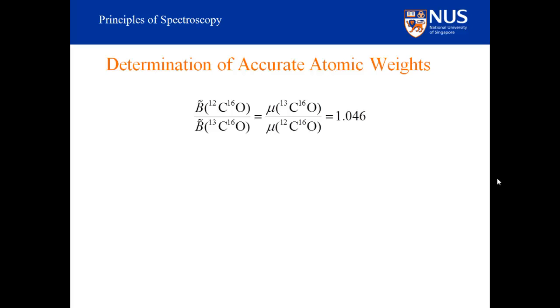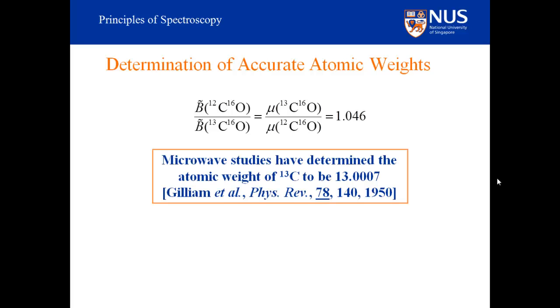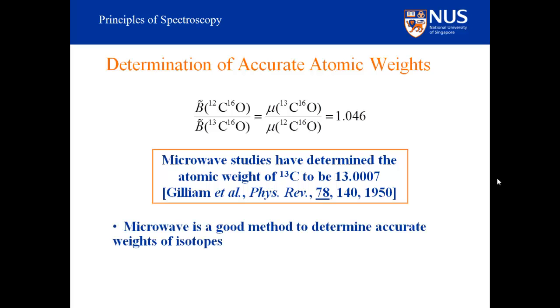And I know that the atomic weight of carbon-12 is exactly 12 by definition. So therefore I can determine the atomic weight of carbon-13. And in fact this was done in 1950 when they used microwave studies to determine the atomic weight of carbon-13, and they found it to be 13.0007. This is a very good method to determine accurate weights of isotopes.